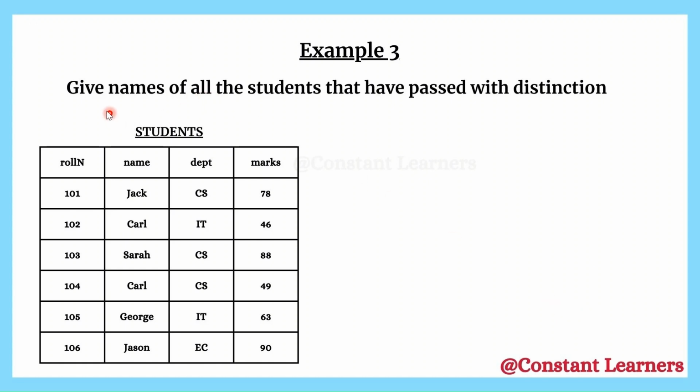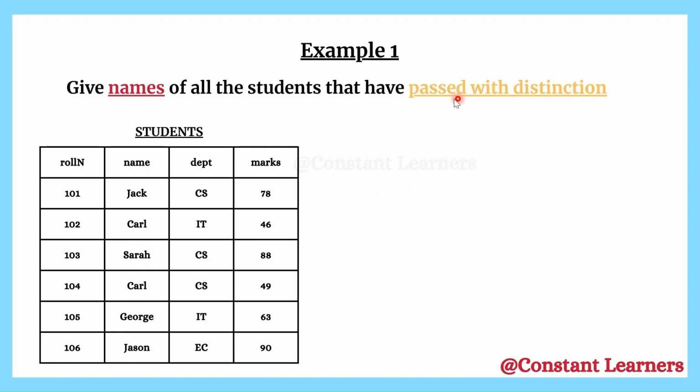The query says that give names of all the students that have passed with distinction. So we need the names. That means we need the name column as the output. So the project operation will have the name column. But we don't need the names of all the students. We need the names of students that have passed with distinction.